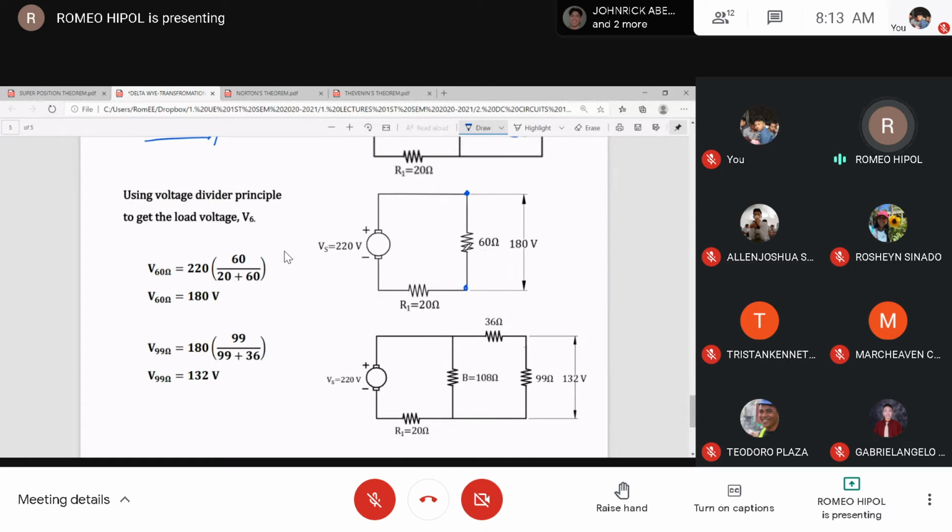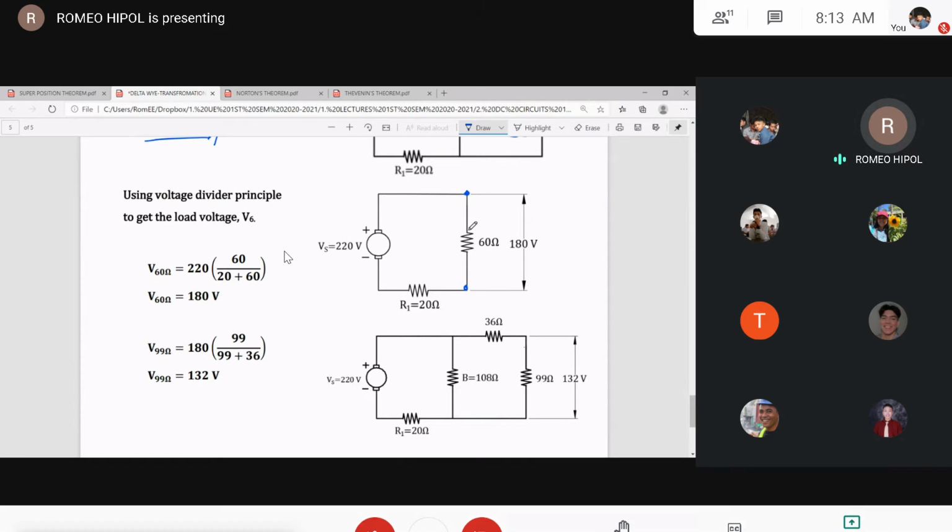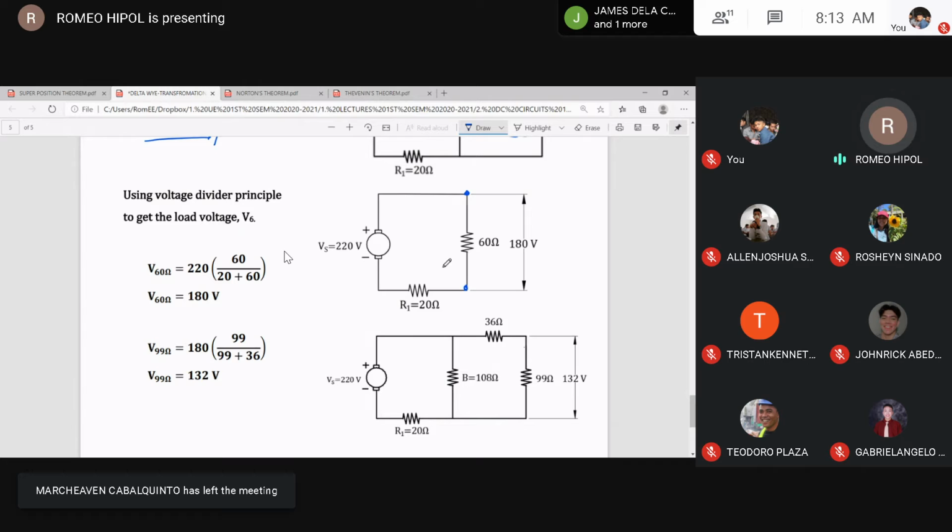So, i-extract natin tong 60 ohm. Nakuha? O, i-isolate natin from the original connection. Yung 60 ohm has an equivalent connection of two parallel branches. Merong 108 ohm and series combination of 36 and 99 ohm. Then again, we are going to consider the series branch kasi we are using voltage divider.